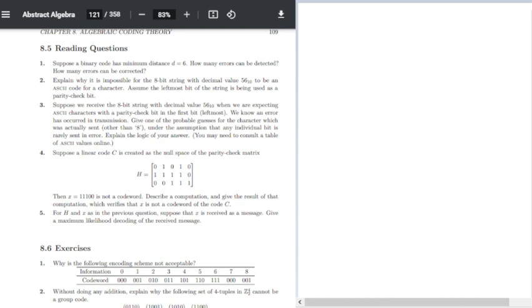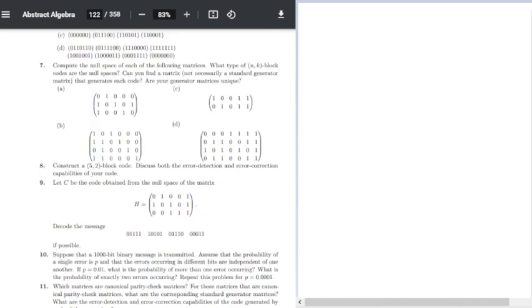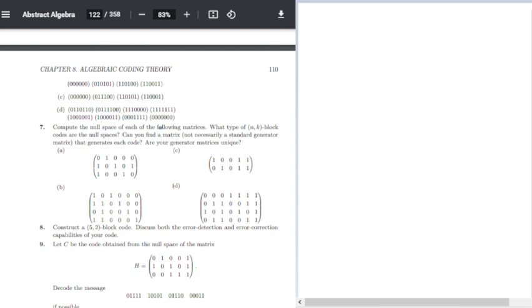Oh my gosh, this lag is bad. I might have to reload the page. So it's 122 is where the exercises are.